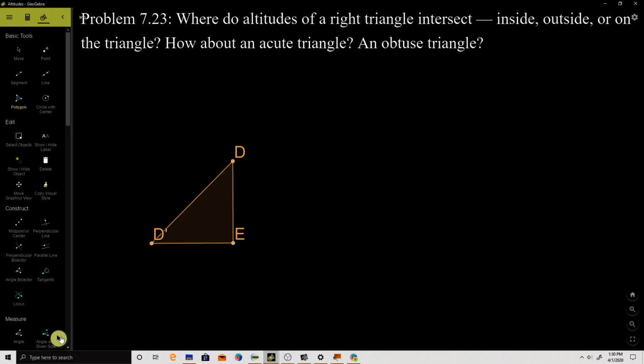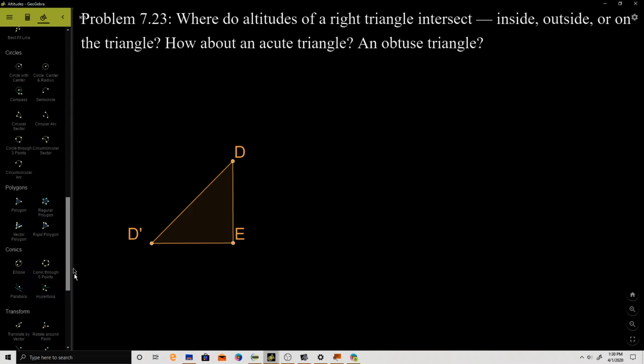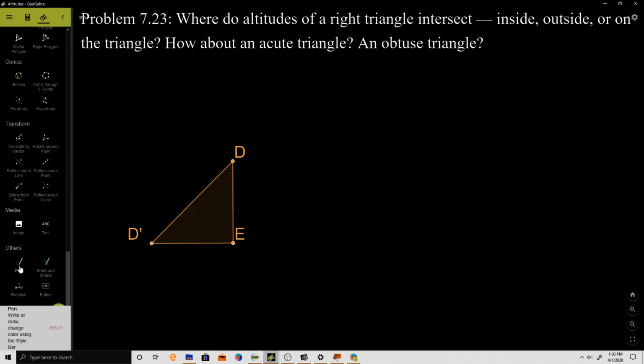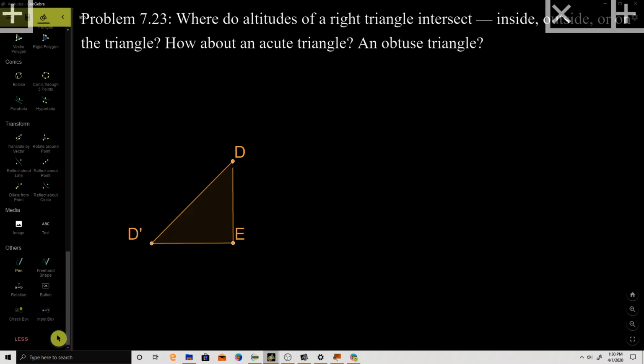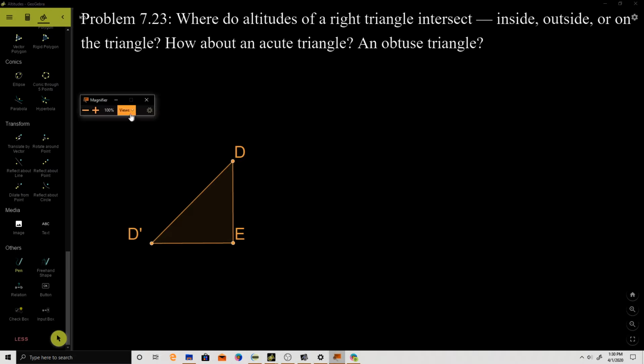So, where are the altitudes going to meet? Where is the orthocenter going to be located? Well, the altitudes are always drawn 90 degrees to the base. So, let's say I take the vertex, why is this showing up?